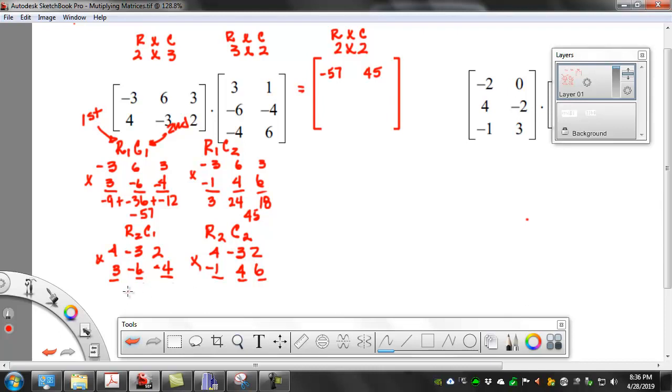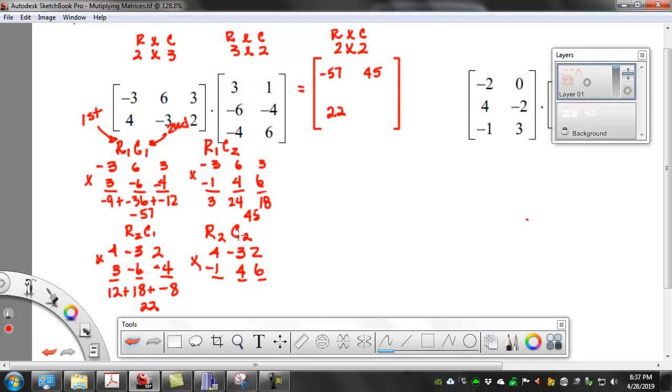Then I get an 18. And then I get a negative 8. And when I add those three numbers up, I get a 22. So row 2, column 1 is 22.